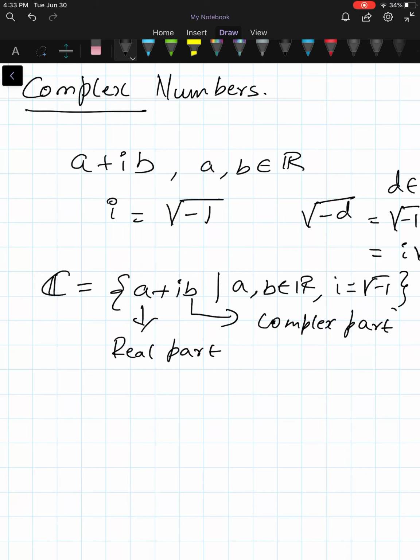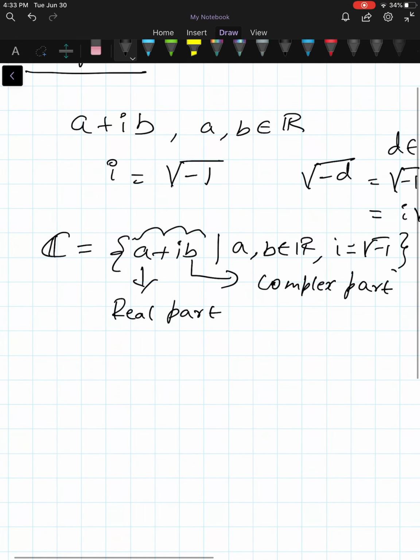So one number can be represented as a plus ib, where a is the real part and b is the imaginary part, as they also call it.